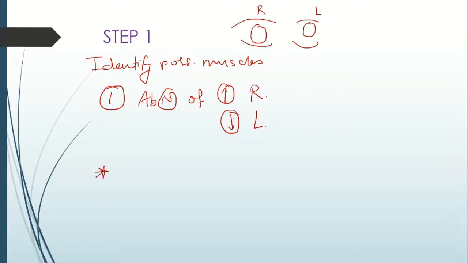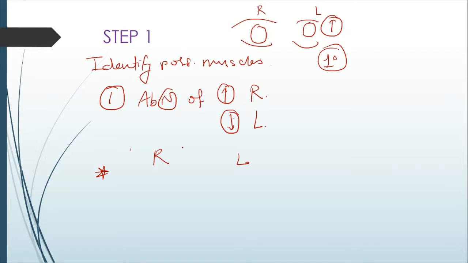So what I need to look at is what the possible muscles could be. This being the primary gaze, tell me what the abnormalities related to the left eye could be, that is, which muscles. I told you that if the muscle causing depression is paralyzed on the left side, then in the primary gaze the muscles which elevate will superimpose their action, and that's why the left eyeball moves upwards. Now what would happen with the right eye and left eye is just something I need to take care of.